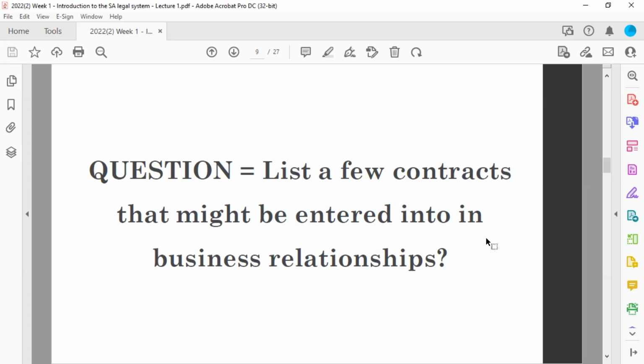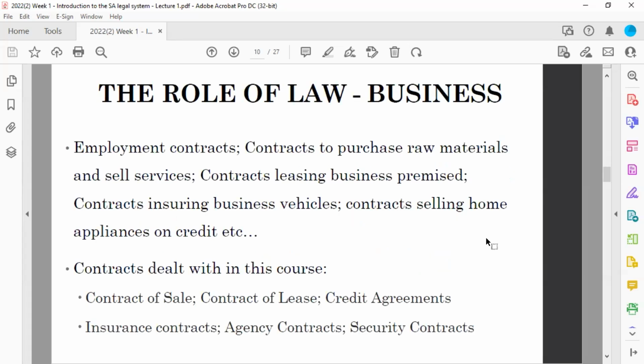Think of sale agreements, lease agreements, employment relations, employer and employees, insurance contracts, etc. All of that forms part of the law, and that is linked to commercial activity.